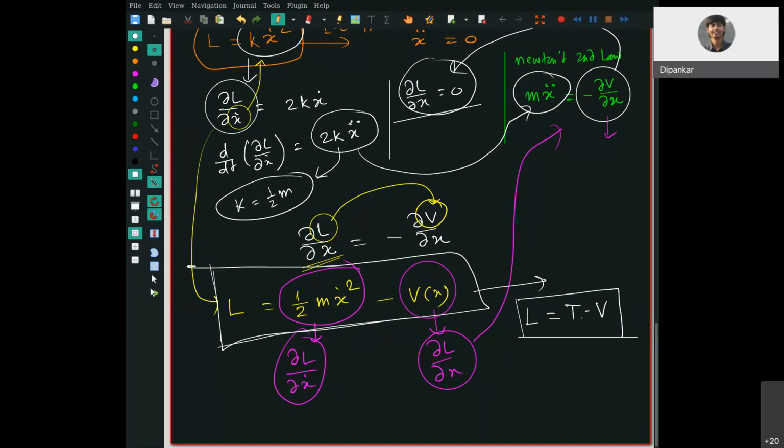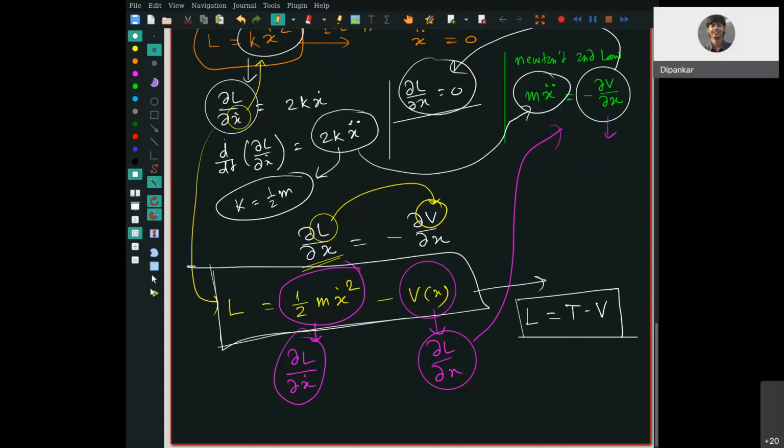But if you have seen problems with, say, damping, or whenever there are dissipative forces present, this prescription will not work, because you cannot express F as del V del x. Okay, so this L equals T minus V breaks down. You have to devise something else.